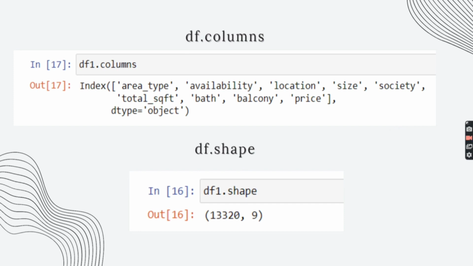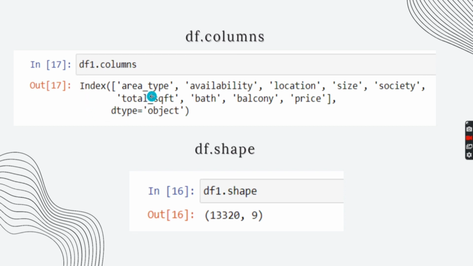After df.sample, we have a few different features as well, such as df.columns and df.shape. What do these two features do? df.columns shows us the column names, so we can see the entire list of column names together.